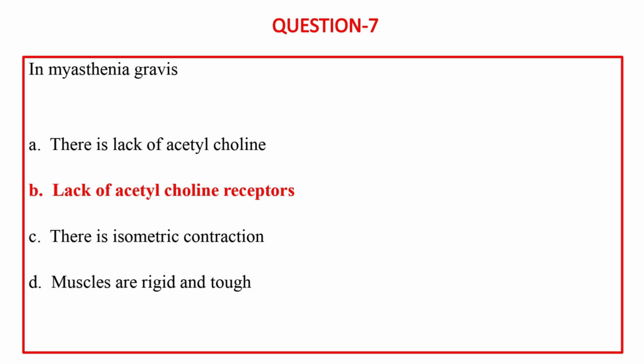So why does this happen? What is myasthenia gravis? Myasthenia gravis is an autoimmune disease. The body develops antibodies to its own acetylcholine receptors.